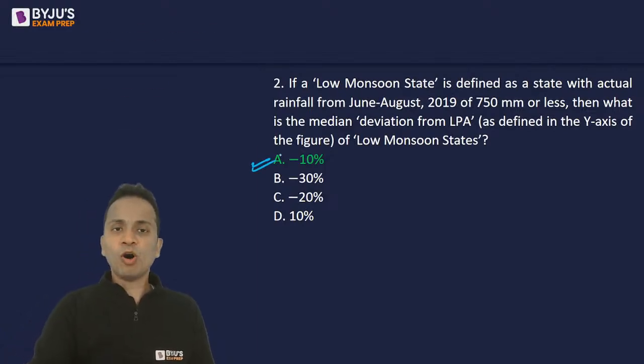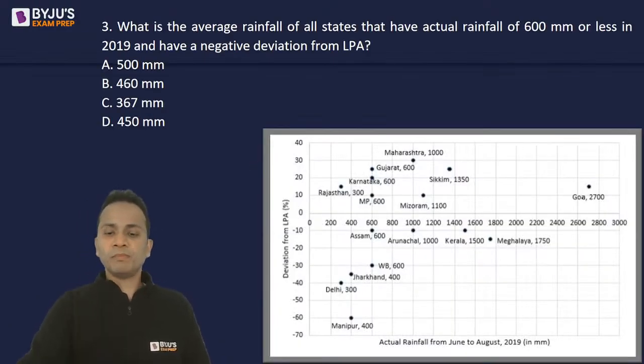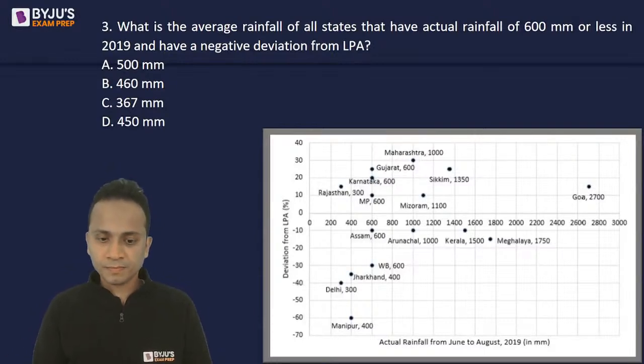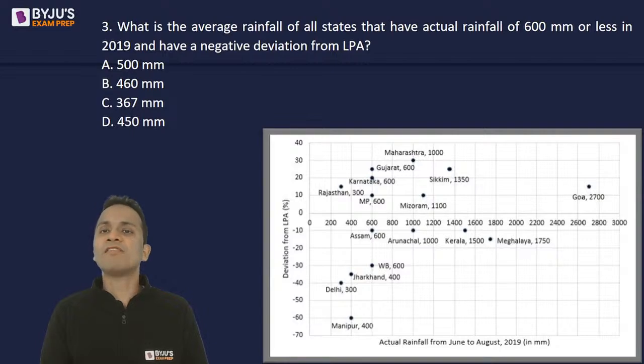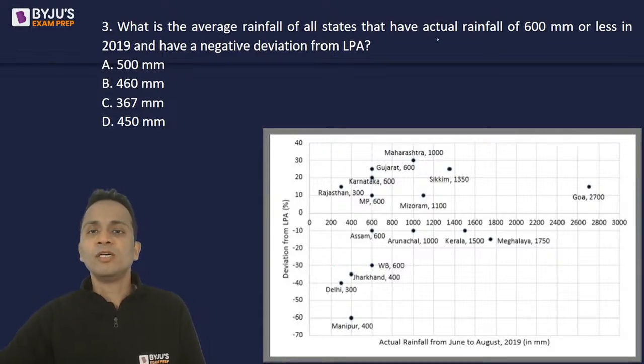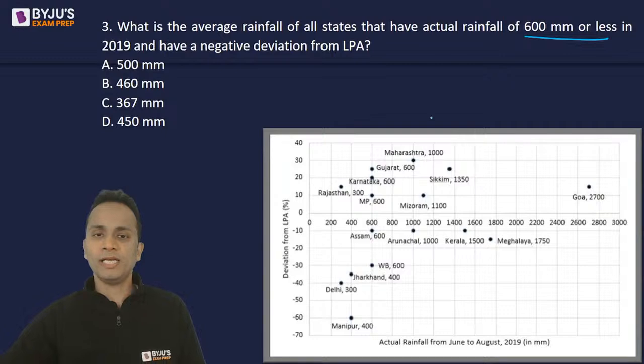Okay, let's move on to question number 3. What is the average rainfall of all the states that have actual rainfall of 600 mm or less in 2019 and have a negative deviation from LPA? Simple, we need negative deviation and rainfall of 600 mm or less.